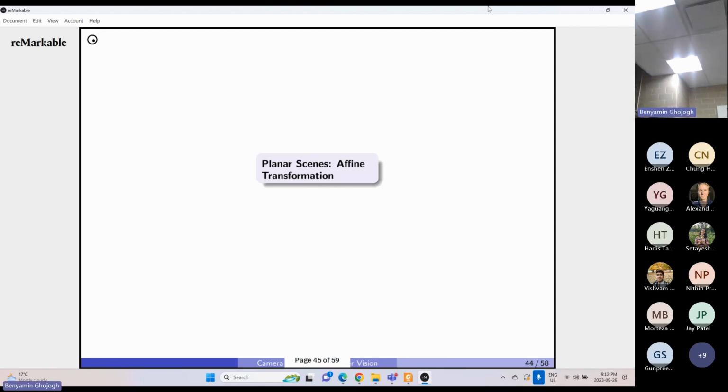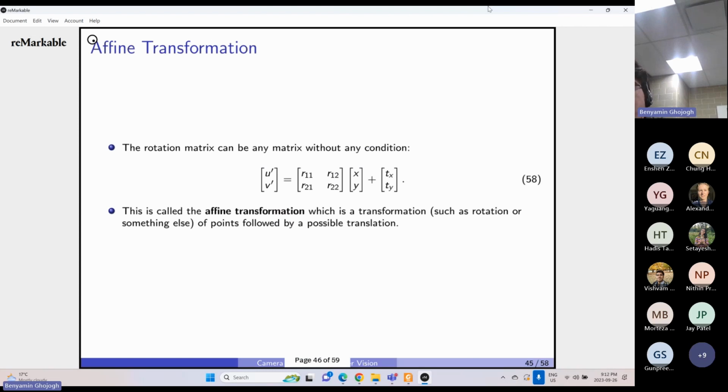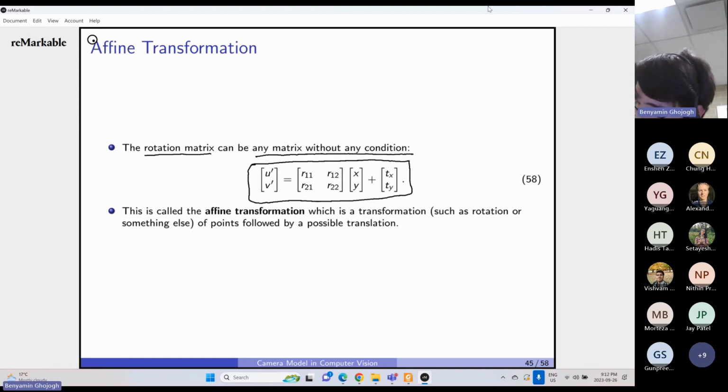Again, still assume that the scene is planar, but now who said that the rotation matrix should be only that sine cosine thing? The rotation matrix can be relaxed to be any matrix without any condition. This is called affine transformation, which is a transformation such as rotation or something else of points followed by a possible translation.